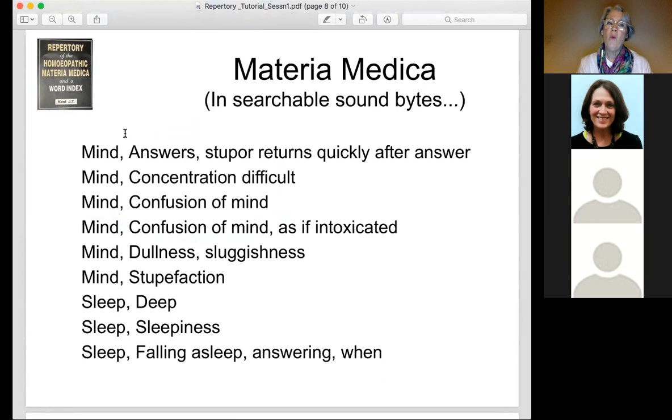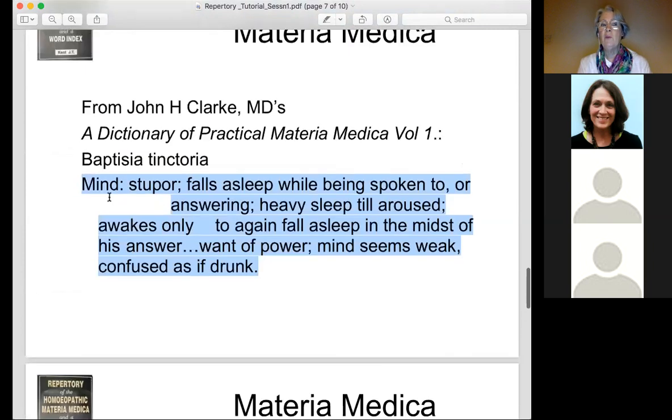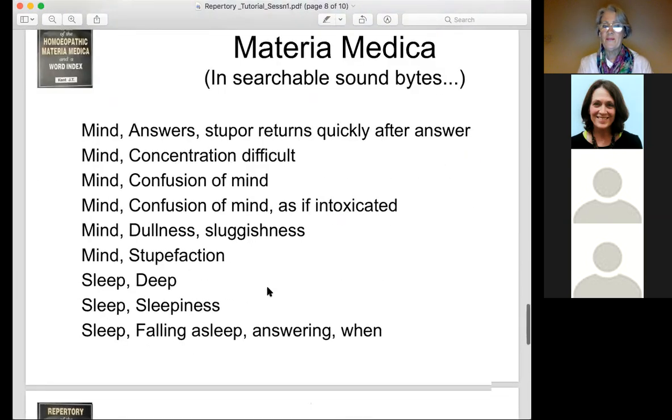Do you see how what we see here in these particularly stated symptoms is the same as what we see here in paragraph form? Yes? Okay.